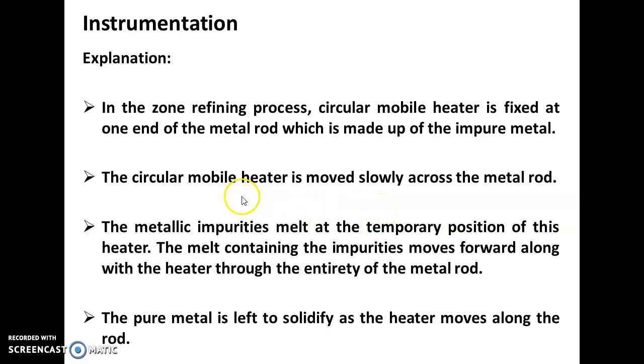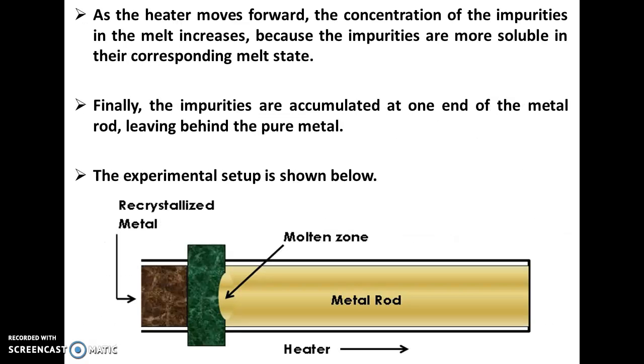The circular mobile heater is moved slowly across the metal rod so that the metallic impurities melt at the temporary position of the heater, and the melt containing impurities moves forward along with the heater through the entire metal rod. The pure metal is left solidified as the heater moves along the rod.